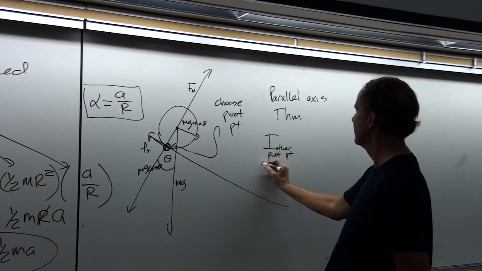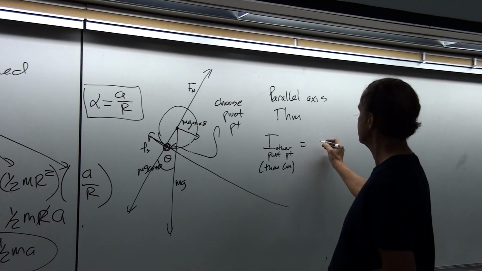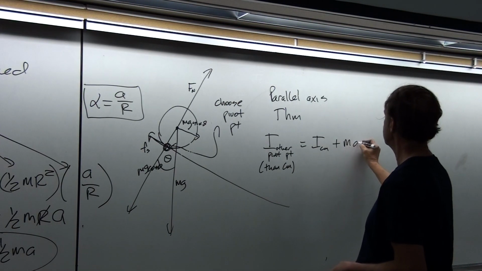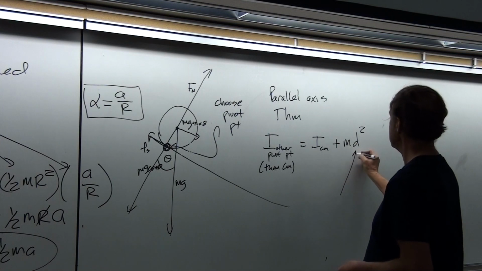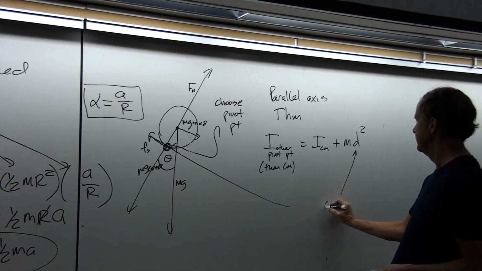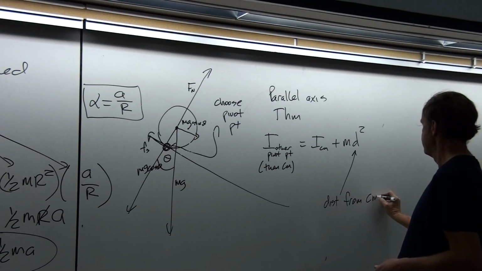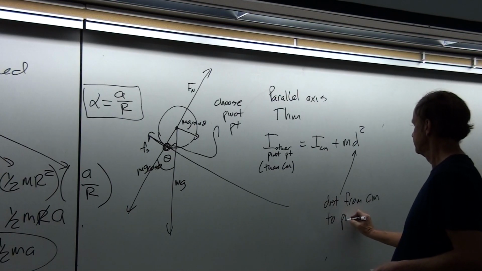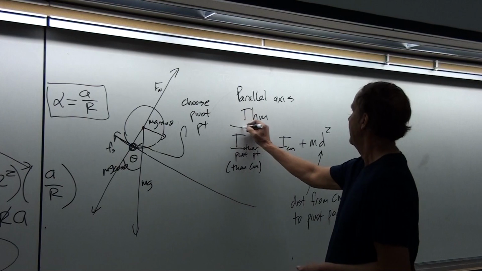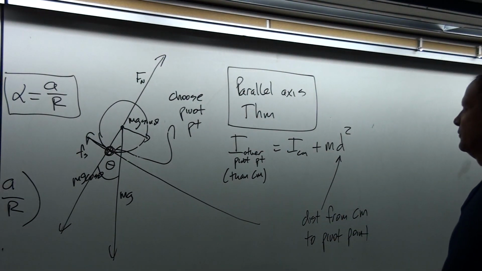I mean other than the center of mass, is equal to I center of mass plus md squared, where d is the distance from the center of mass to the pivot point. And this is, again, called the parallel axis theorem.